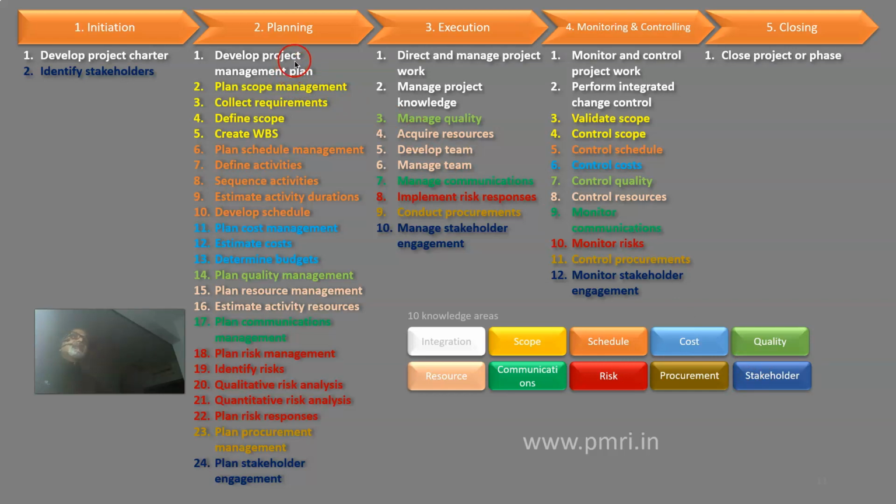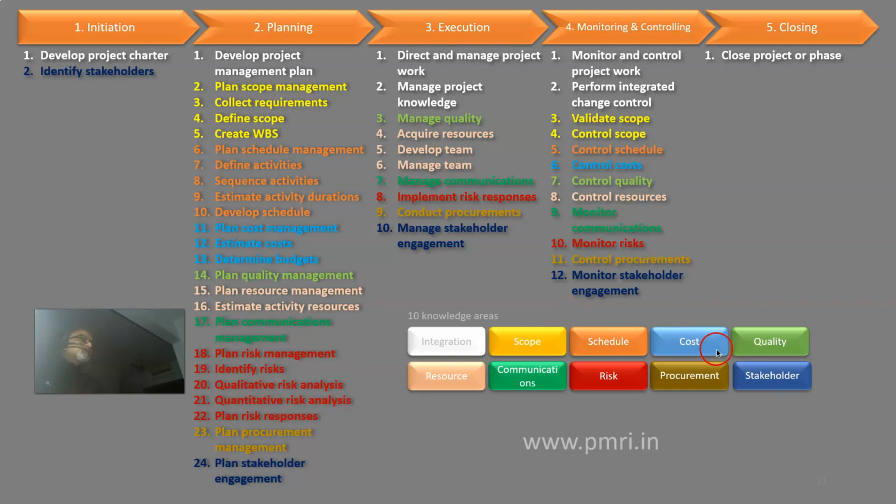So is the case with develop project management plan, is part of planning process group, and it is part of integration management knowledge area. And this yellow band, that is plan scope management, collect requirements, define scope, create WBS. So the whole yellow band of the processes belong to the scope management knowledge area. This orange color is part of schedule management process area.